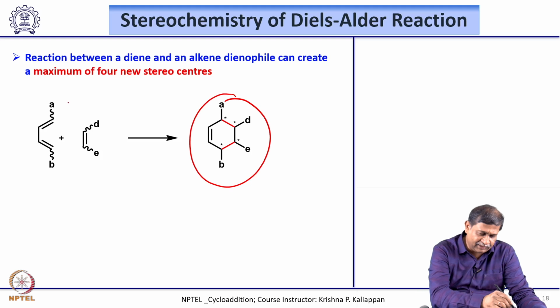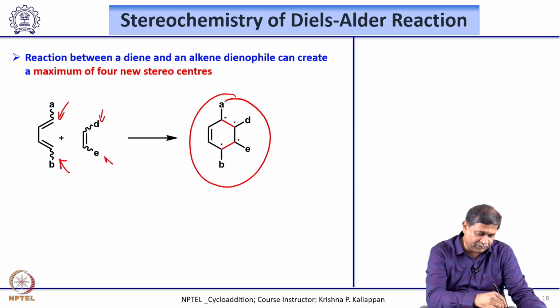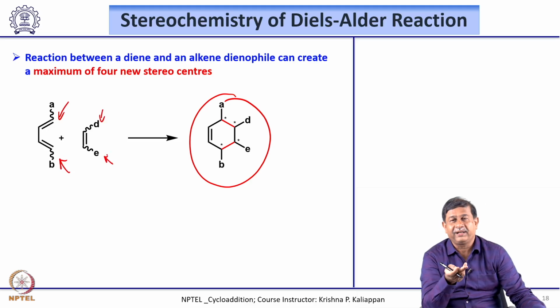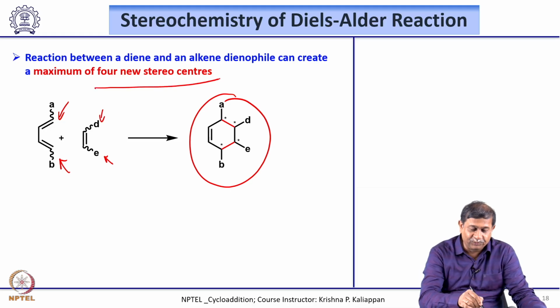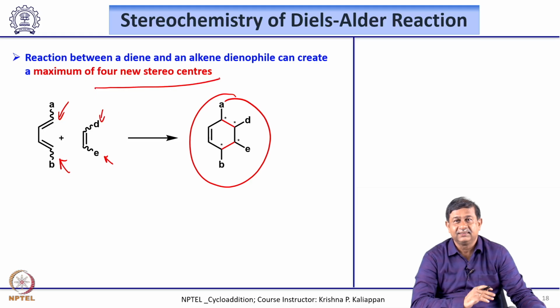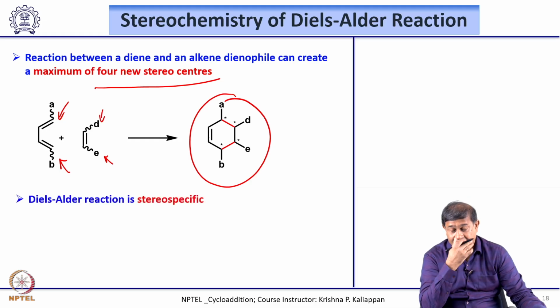If there are 2 substituents at the terminal carbon atoms of the diene and 2 substituents at both the carbon atoms of the dienophile, in the product you can clearly see the possibility of 4 new stereocenters. So theoretically in Diels-Alder reaction you can generate 4 new stereocenters, and we all know Diels-Alder reaction is highly stereospecific.